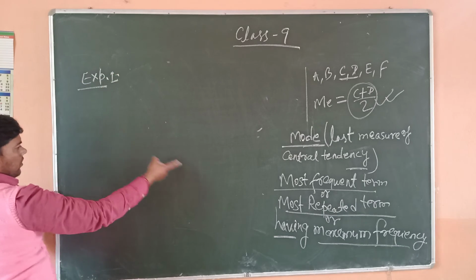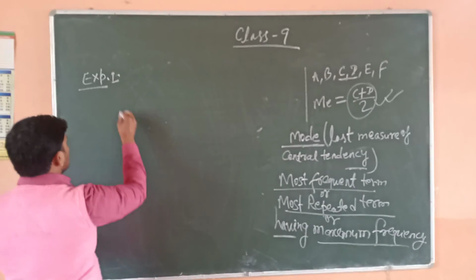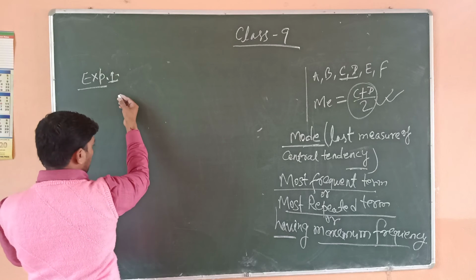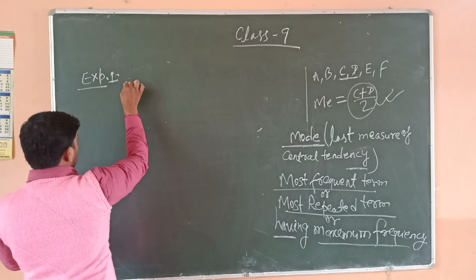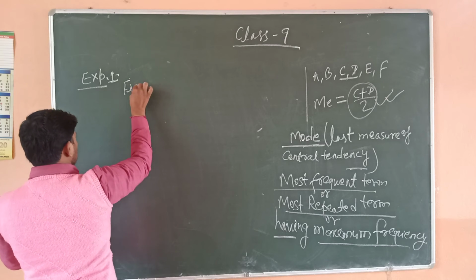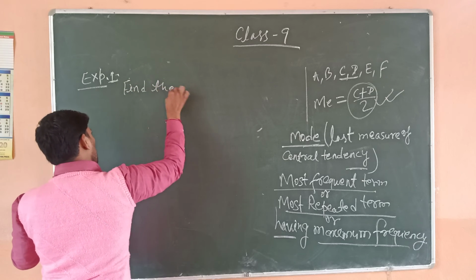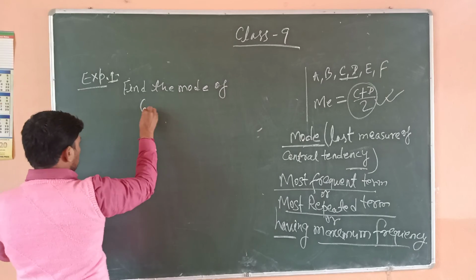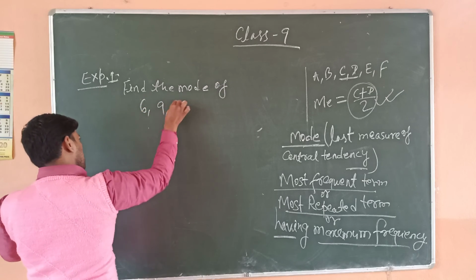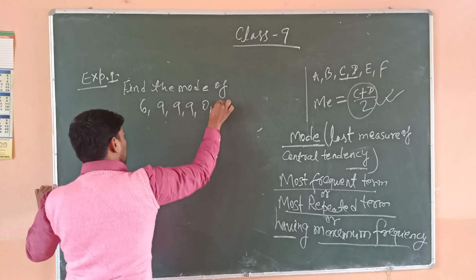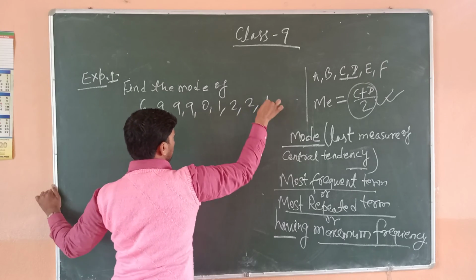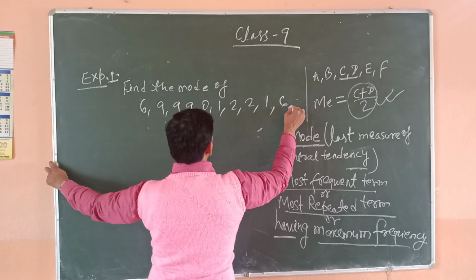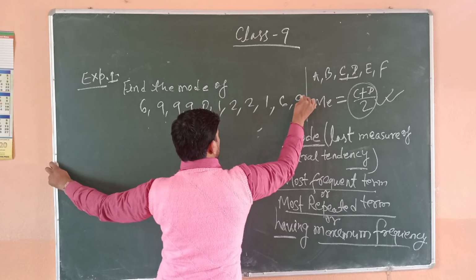Example number 1 about mode. Find the mode of 6, 9, 9, 0, 1, 2, 2, 1, 6 and 9.